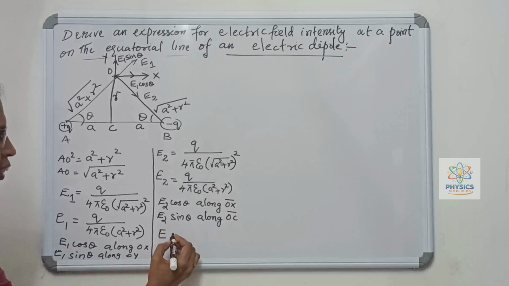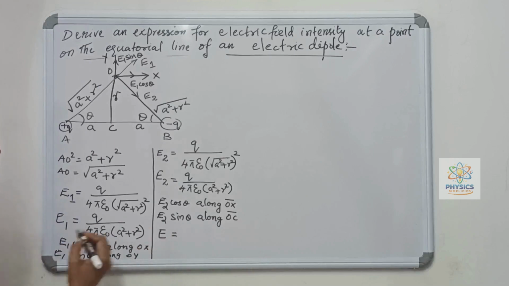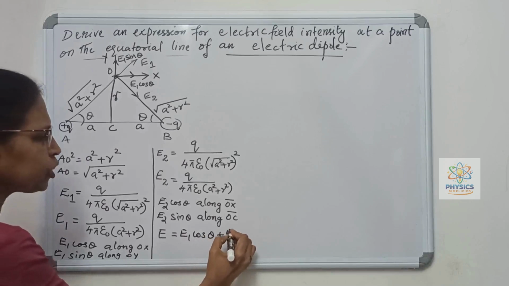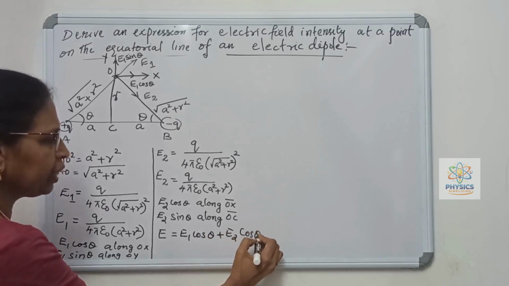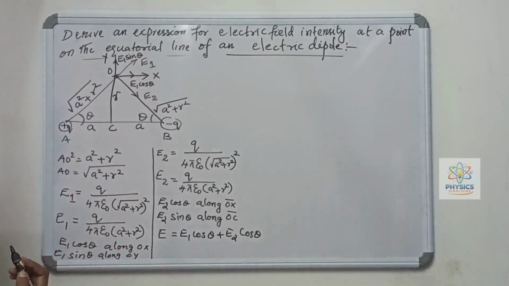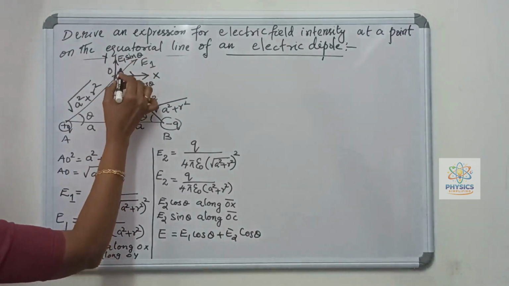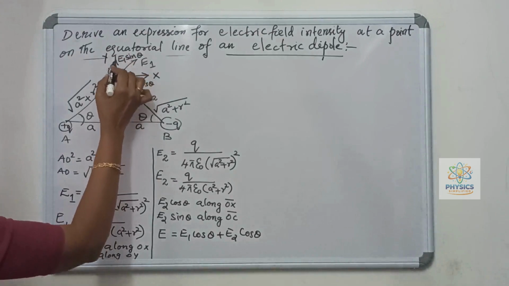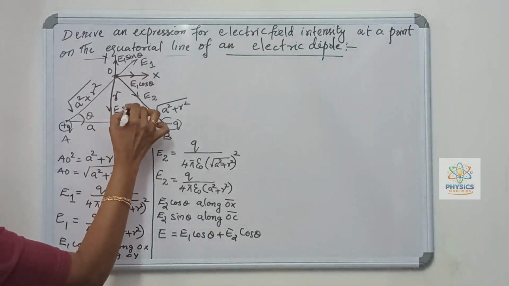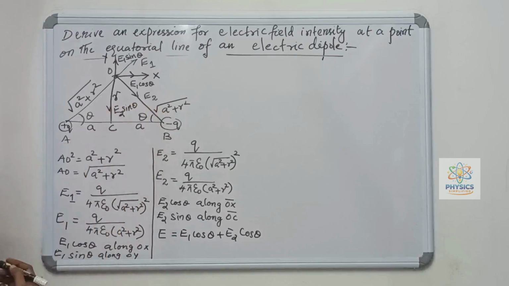So here E is equal to E1 cos theta plus E2 cos theta. Here the sine components are cancelled. The reason is E1 sin theta is along the direction OY, and E2 sin theta is along the direction OC.